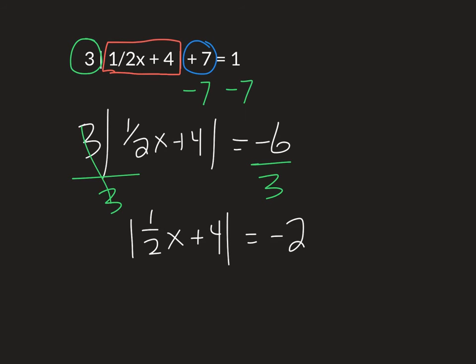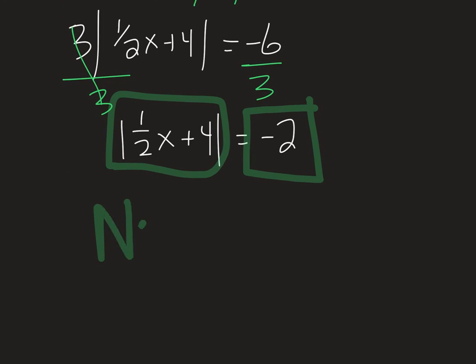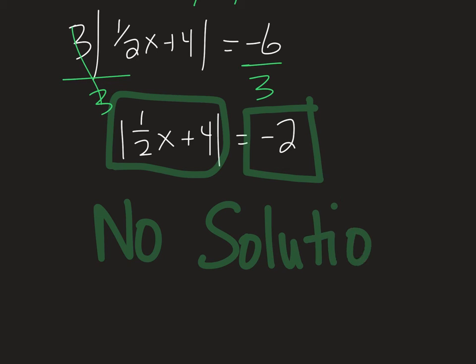This should have some alarms going off in your head, and you say, wait a second. I remember, absolute value is the distance from an object, and distance must always be positive. So if we ever get an absolute value equal to a negative number, that's when we're going to have no solution, because the distance from one place to another can never be negative.